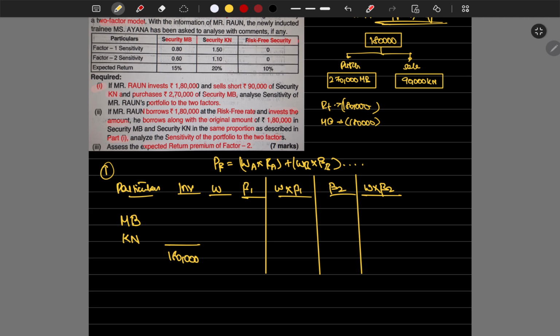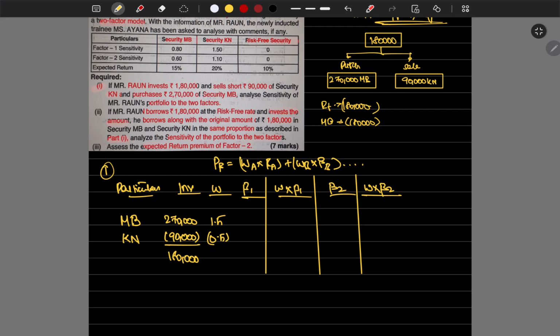What's the investment? They have 1,80,000. What they have invested in security KN, they have short sold 90,000, and the purchase is 2,70,000. So 2,70,000 divided by 1,80,000 is 1.5, and 90,000 divided by 1,80,000 is 0.5. What's the beta?